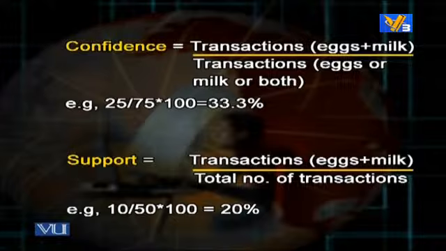So the value of support in this example is 20%. That means that there are 20% chances that in a day this combination of eggs and milk would be sold together out of the total number of transactions carried out in that day through that shop.